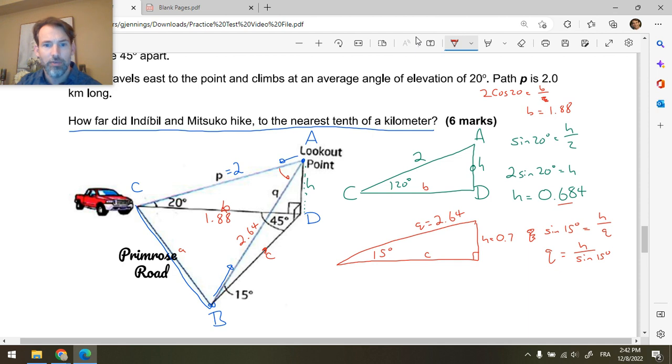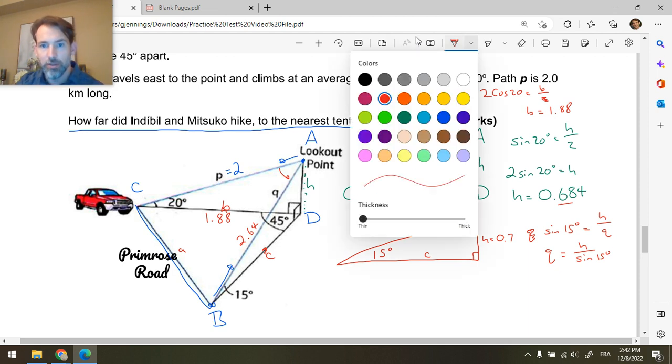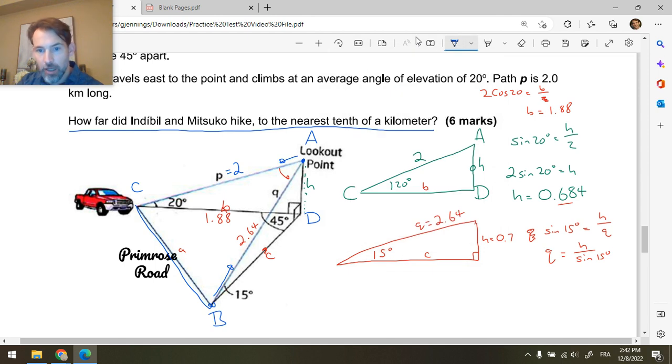1.88. Now let's find C. C down here. We're going to just flip colors again. Sure, why not? C here, cos 15 is equal to C over 2.64. So 2.64 times cos 15 is going to give us C. It's going to be really darn big.